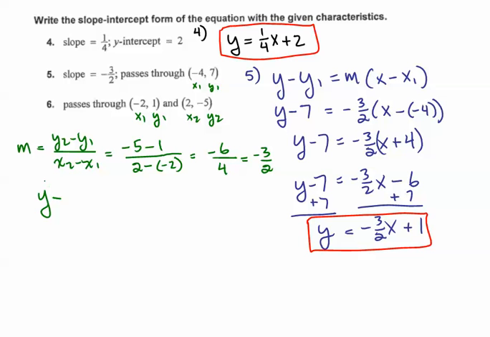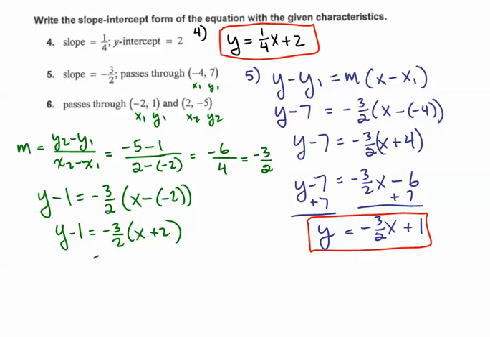y minus, let's just use x1, y1, y minus 1 is equal to negative 3/2 times x minus negative 2. Simplify. y minus 1 is negative 3/2 times (x plus 2). Distribute. Negative 3/2 x.